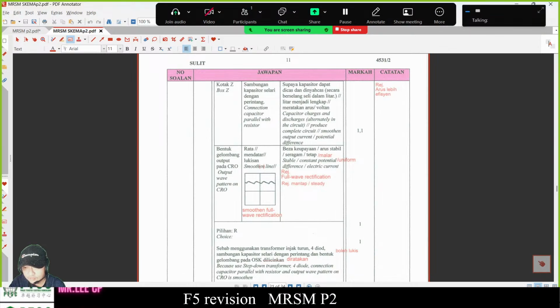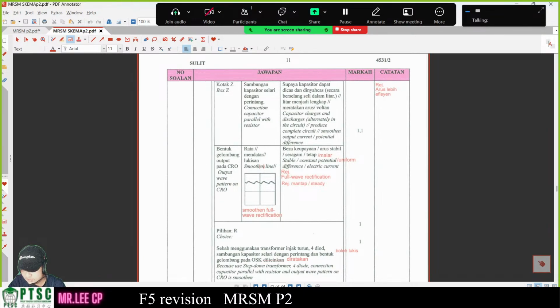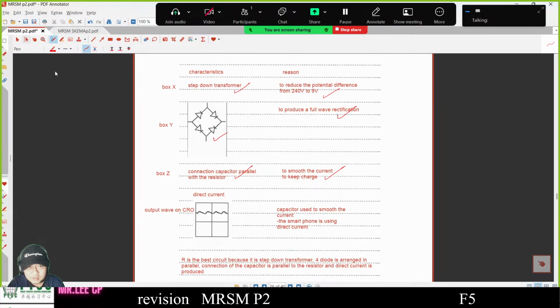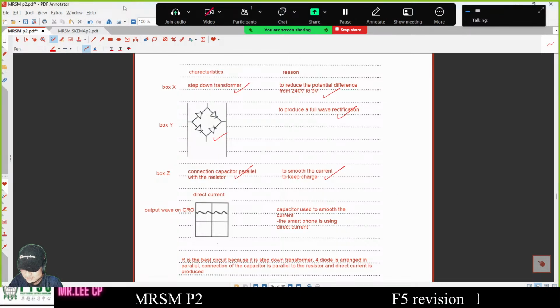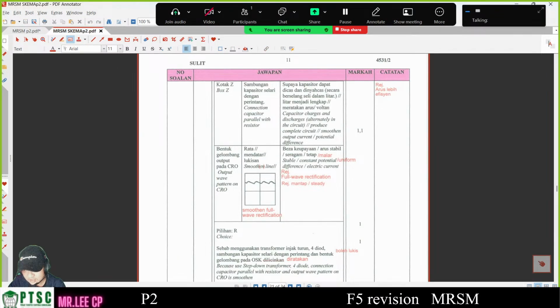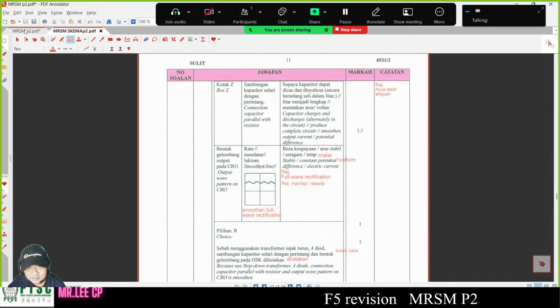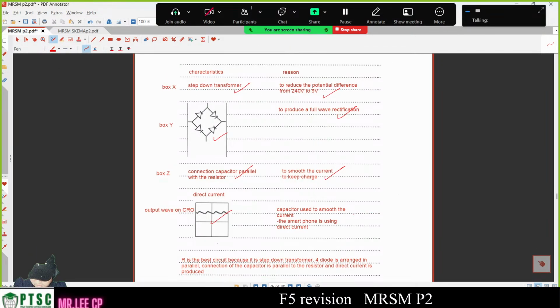Okay, so reject full wave rectification or steady. Reject full wave rectification. So I said smooth the current. So no, this one no mark. Alright, so stable, constant, electric current. So I don't have it. So this one I don't get the mark.